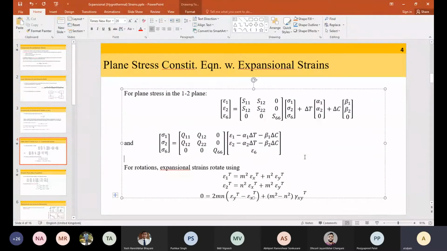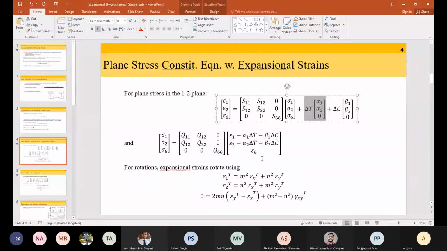And we can also now use transformation equations. So the thermal strain can be transformed just like you transform other forms of strain. So you get a relationship for thermal strain.